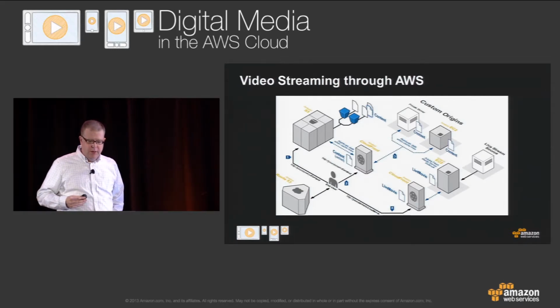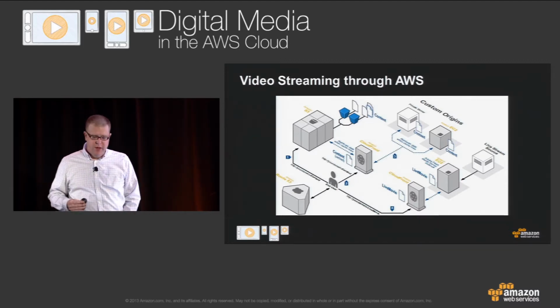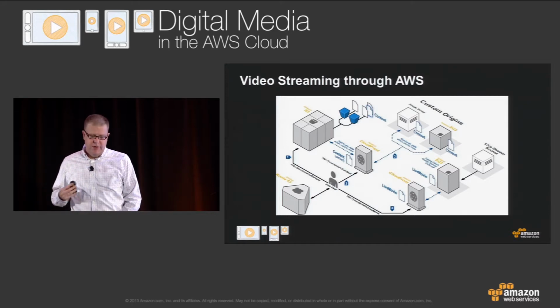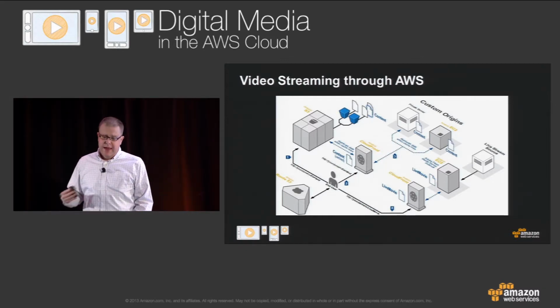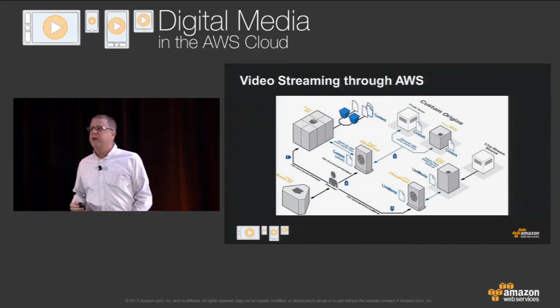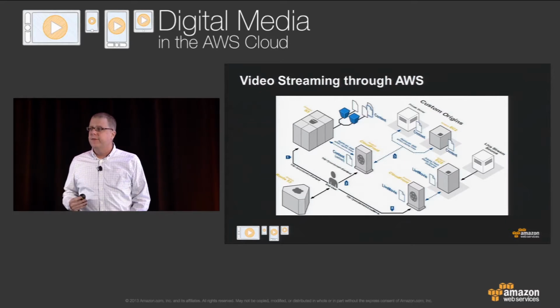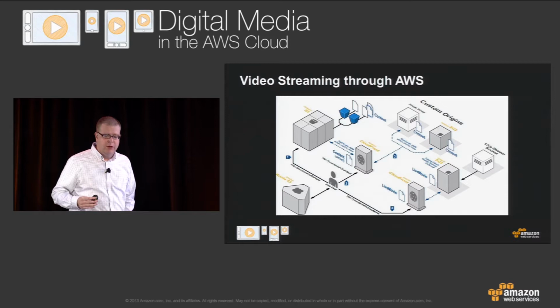So in the center of this diagram here, we have a user trying to stream static, video on demand content, using a combination of Amazon S3 and Amazon CloudFront. So a customer would store the original copy of their asset in Amazon S3 and then use CloudFront to distribute it to end users. On the right, we have a live video dimension, where a customer might be streaming live video into an Amazon EC2 instance and then again using Amazon CloudFront to deliver it.